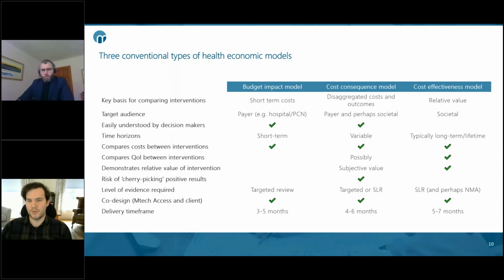One way we get that evidence, and one requirement of the technology assessment bodies, is to do a systematic literature review, or a smaller targeted review in the case of a cost consequences model, or a full-on network meta-analysis in the case of cost effectiveness, to review all the evidence and see how it lies. Again, as Calum said, the code design is a huge piece of this.